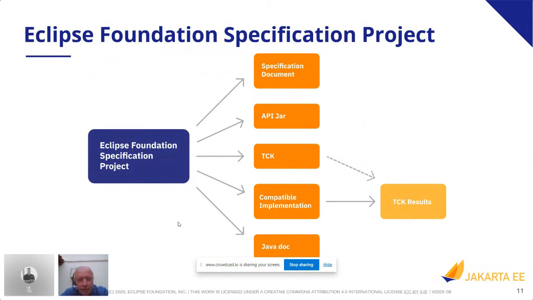So where GlassFish 6 sits is essentially that is the implementation we are using to release the Jakarta EE platform specification, because it is a compatible implementation that passes the TCKs and it implements all the optional portions of the platform specification.